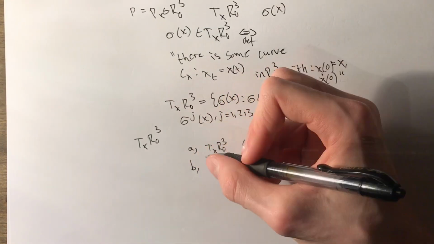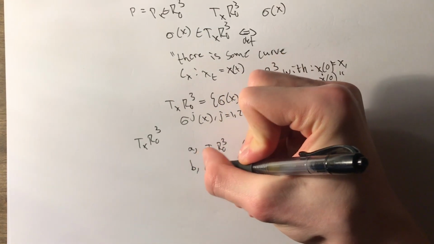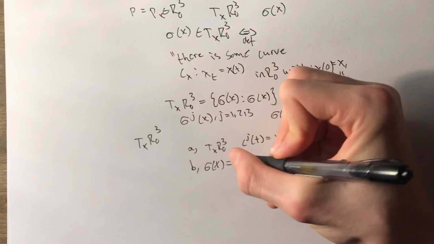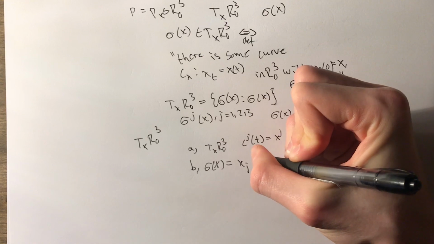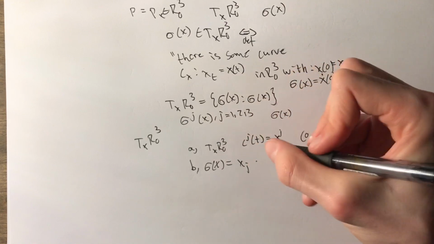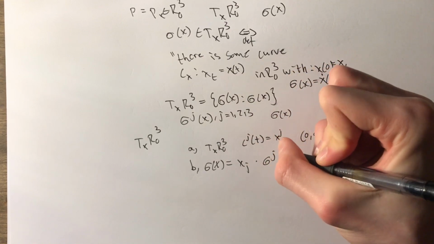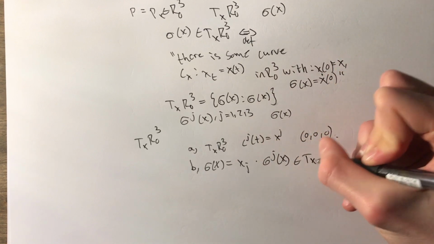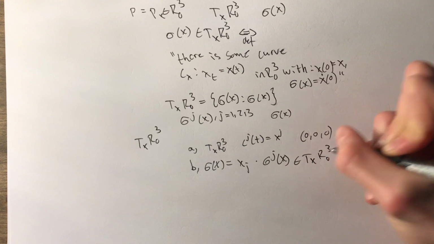Then B, let sigma of x equal x_j times sigma j of x, an element of the tangent space.